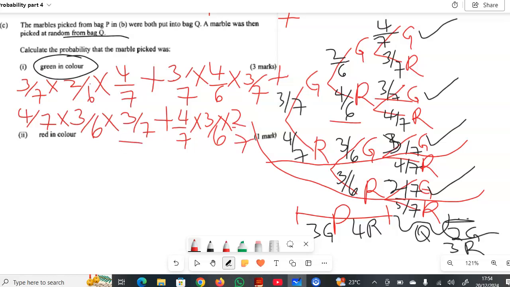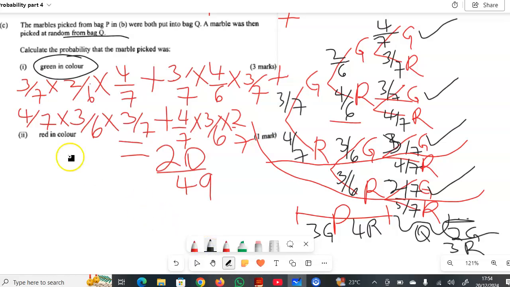So when you multiply those 4 scenarios and add them, we are going to have 20 out of 49. Now, let's look at the last question.